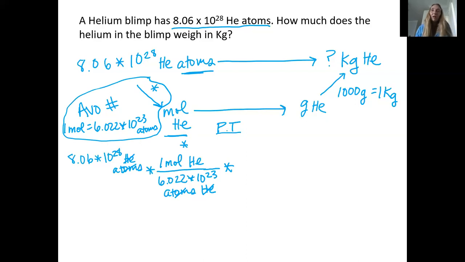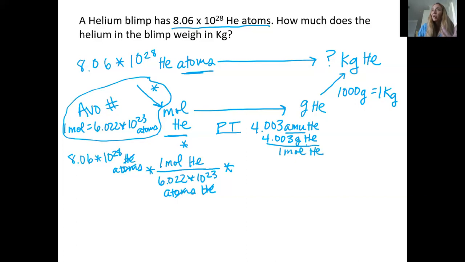When I look that up, I see that helium weighs 4.003 AMU of helium. Now remember that we can replace that AMU with grams per mole. So this number actually equals 4.003 grams of helium over 1 mole of helium.